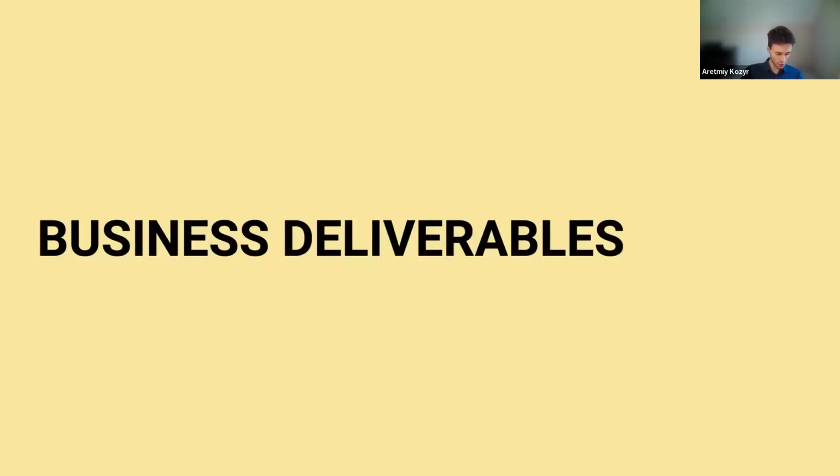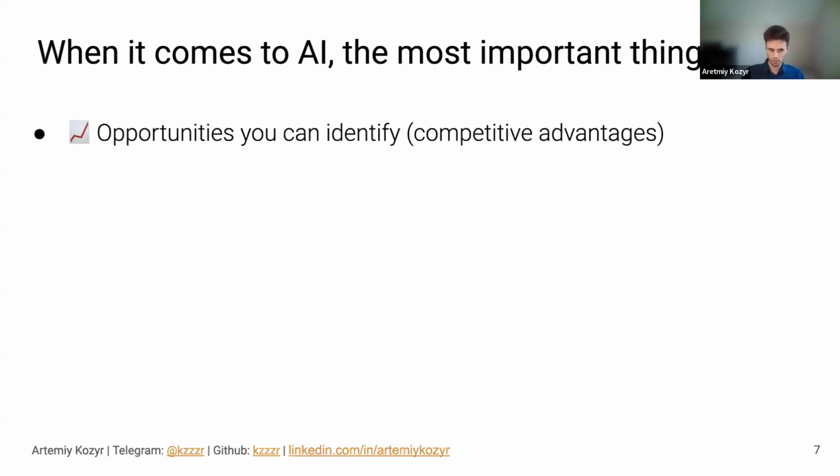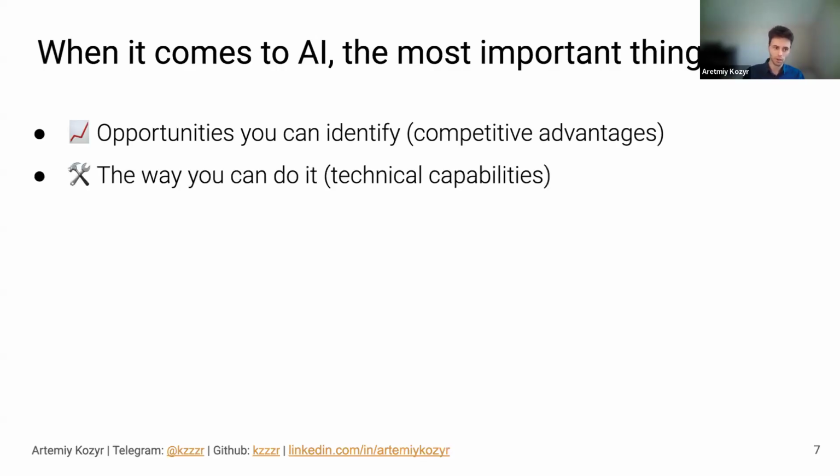The first section is called business deliverables. When we talk about AI, the most important things for us are, first, the opportunities you can identify, be it competitive advantages.